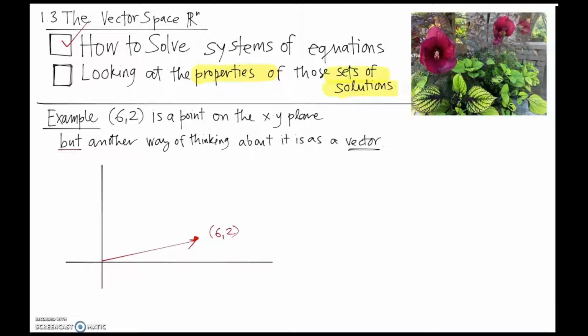And so that's what we'll call each of these. We've got this terminal point here, and we have an initial point at the origin.